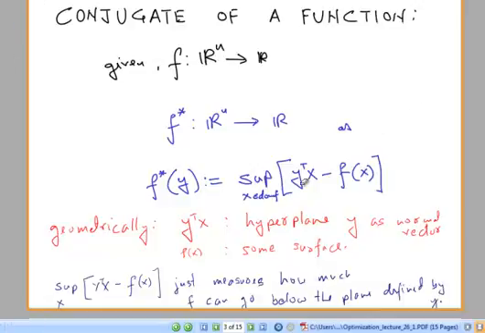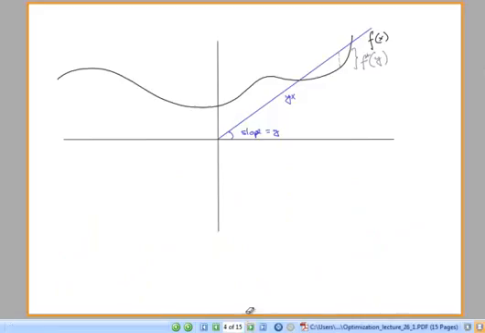Yeah, and a simple one-dimensional example is here. Let's say there is a function defined by the black curve. Everything is one-dimensional now, so y transpose x is just yx.